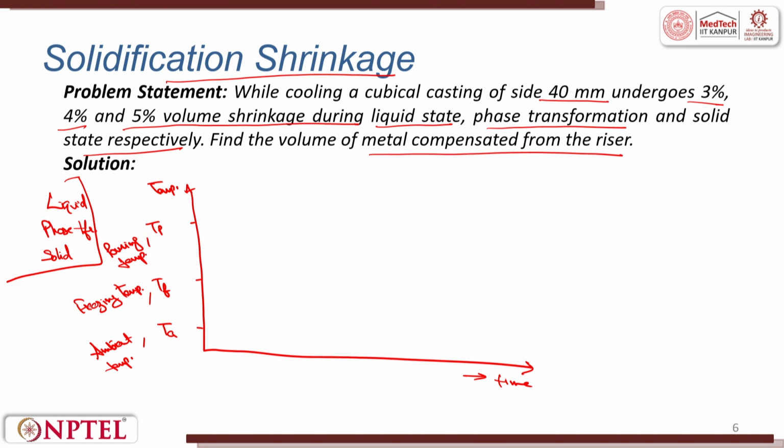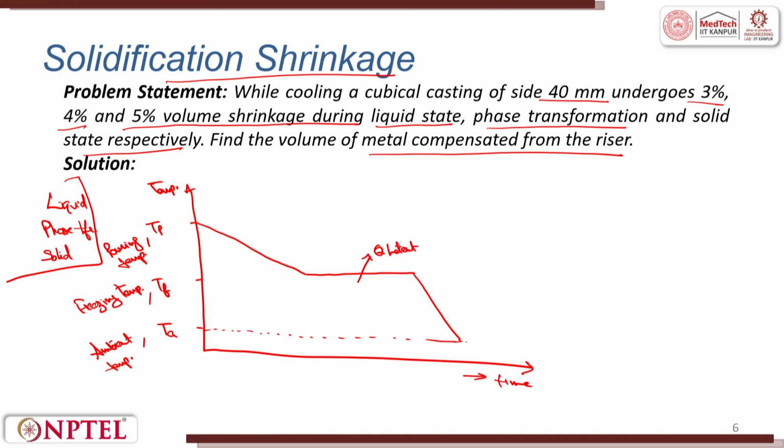Here the cooling curve would be something like this: because freezing is happening here, I will draw a constant temperature, and there will be variable temperature from Tp to TF, then it will fall down to Ta, the ambient temperature. This is Q latent here.